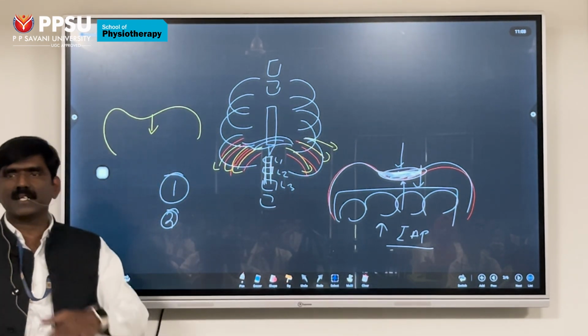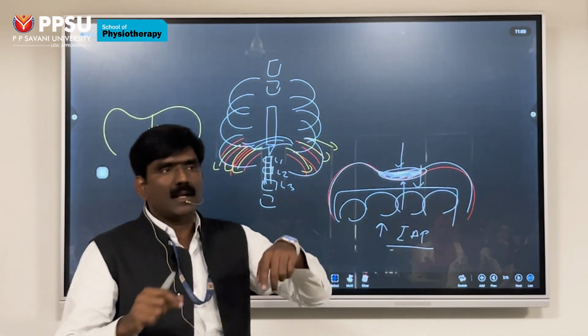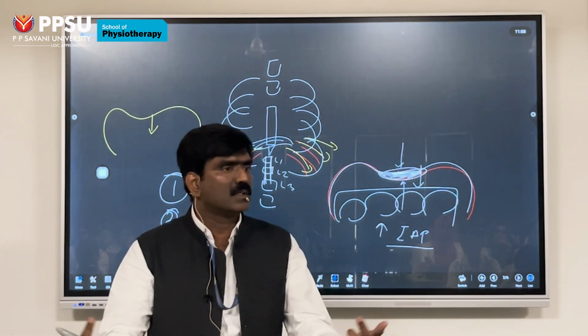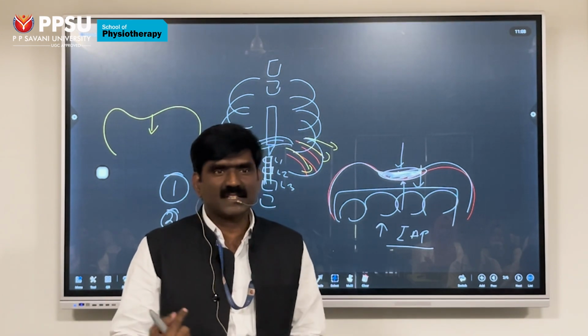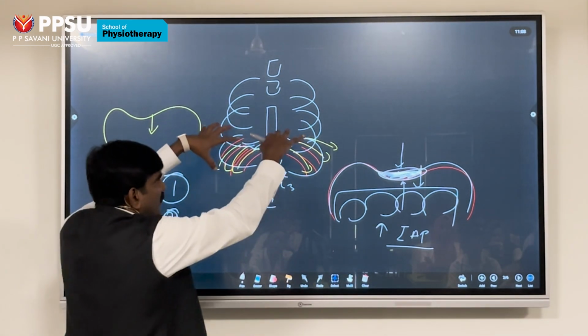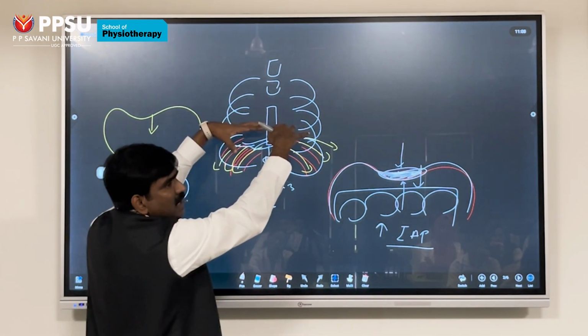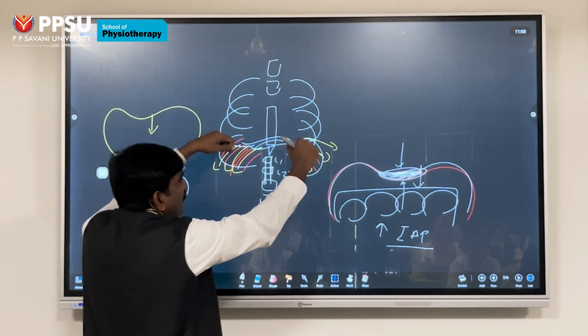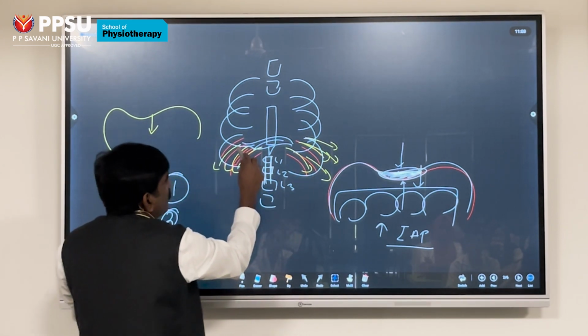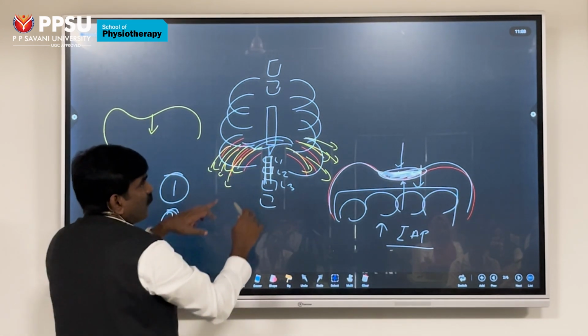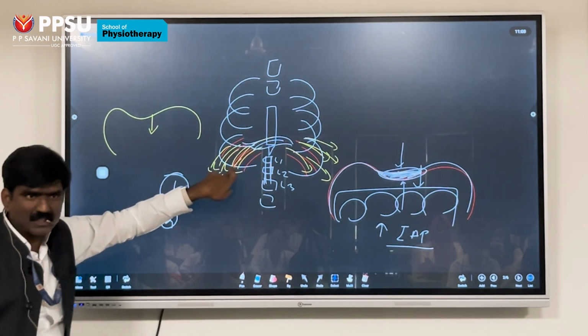What is the insertion? The central tendon is the insertion, right? And the origin is the lower 6 ribs, right? So the tendon will start moving down, and the direction of muscle contraction is from insertion to origin, right?